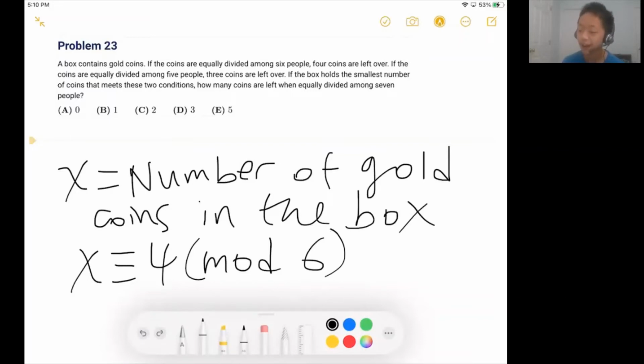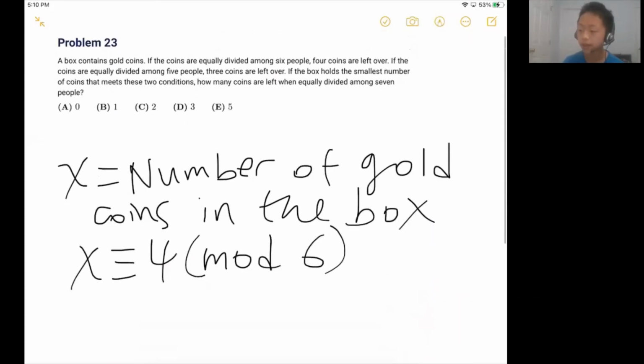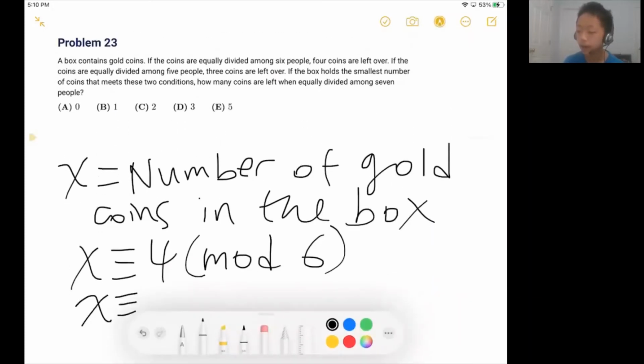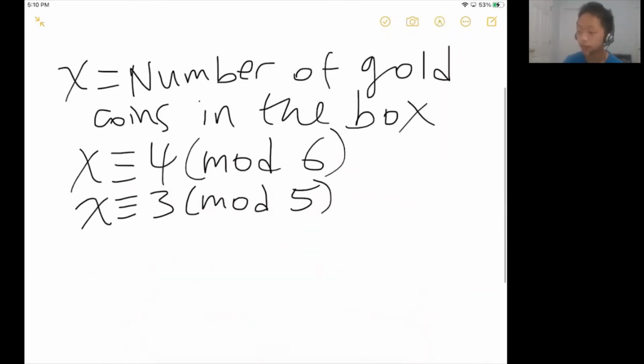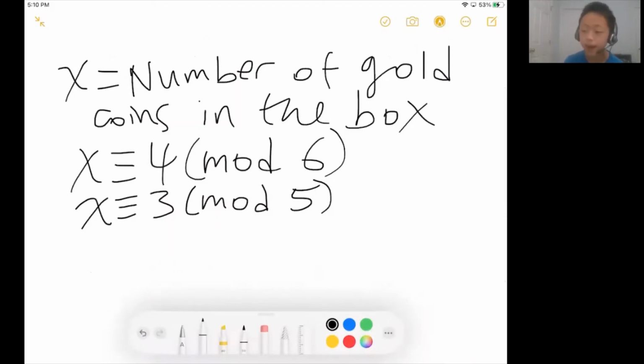The second condition, if the coins are equally divided among 5 people, 3 coins are left over, means x is congruent to 3 mod 5. If the coins are divided among 5 people, you get a remainder of 3.